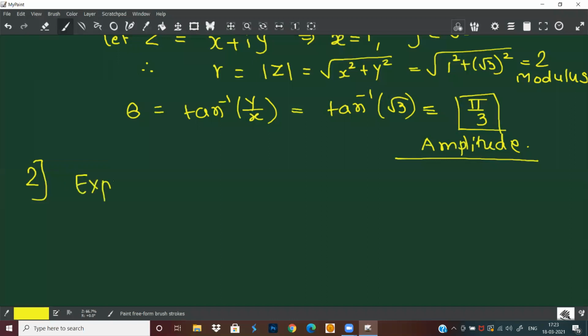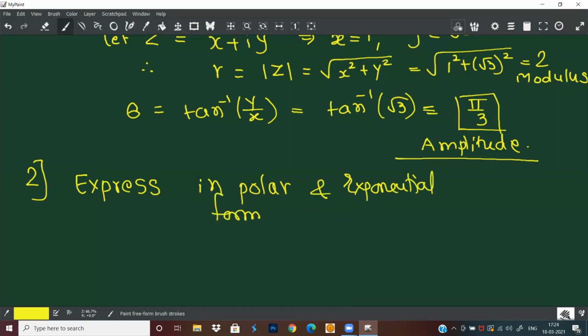Express in polar form and exponential, we will do both. Exponential and polar form. Z is given to you as -1 plus root 3i. Go ahead.